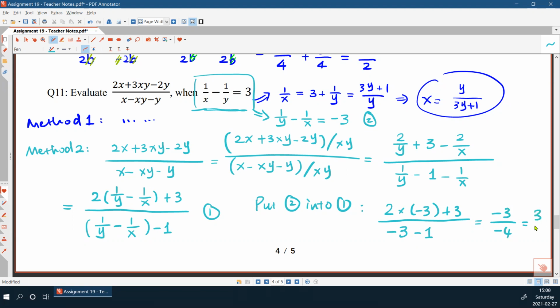Then the final result is just 3 over 4, right? Of course, using method 1, you can also solve this question, but method 2 is much easier than the first method, okay? If you are interested in it, you can try to solve this question using method 1, okay? I'll leave this after class for you.